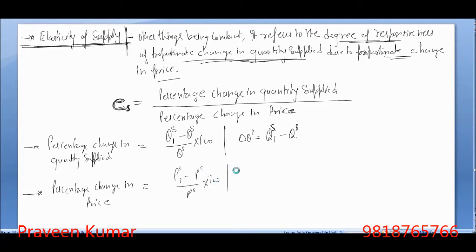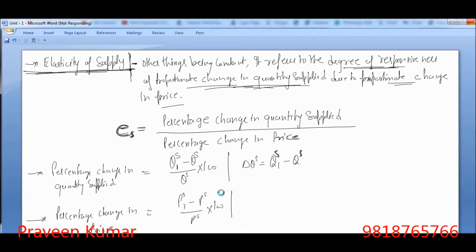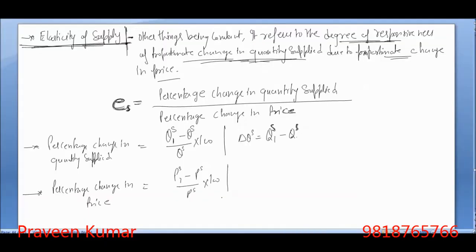That's why we have superscripted the S with this, just to distinguish it from the price of the quantity demanded. Delta P^S comes out to be P1^S minus P^S. This is how we can calculate, and the formula comes out to be the same.